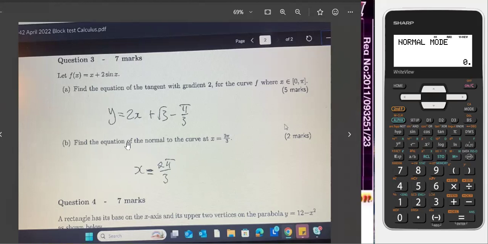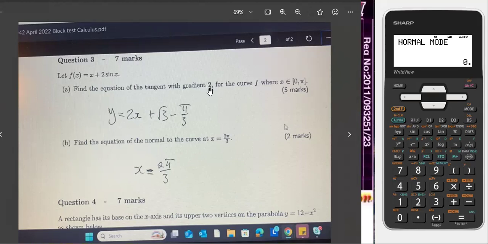All right, the next one is: find the equation of the normal to the curve. It's no longer the same point, it's a different point. I was going to flip that too.